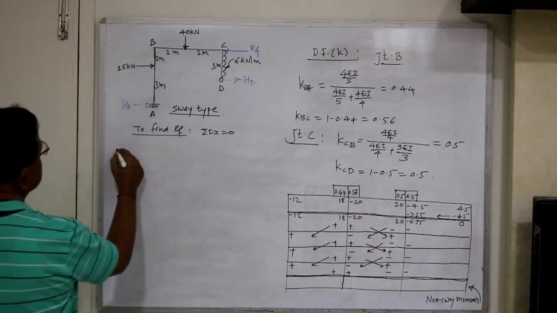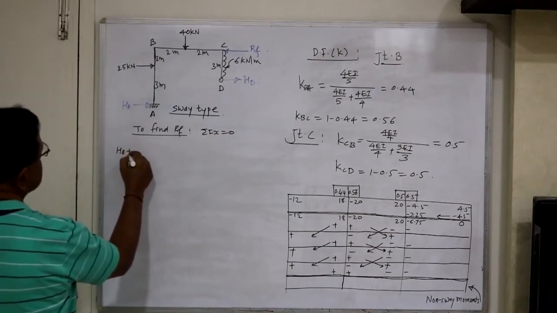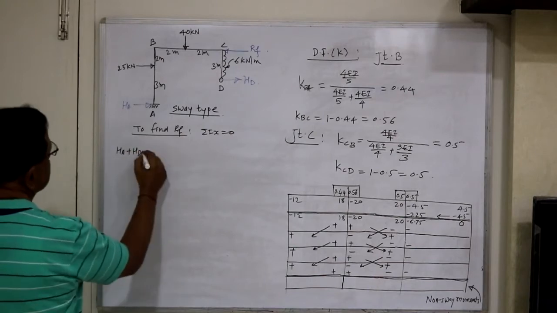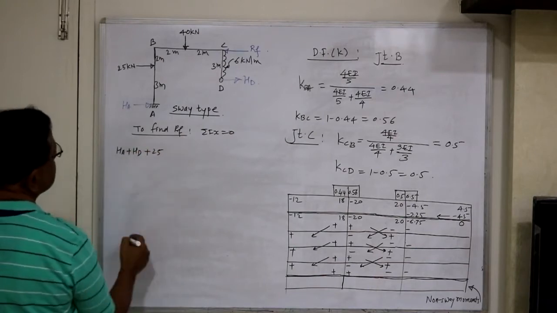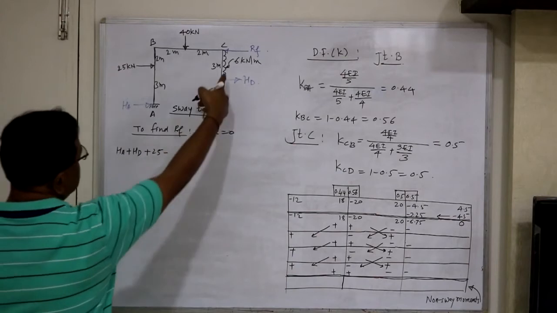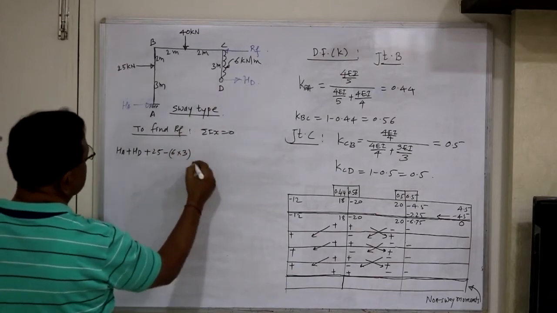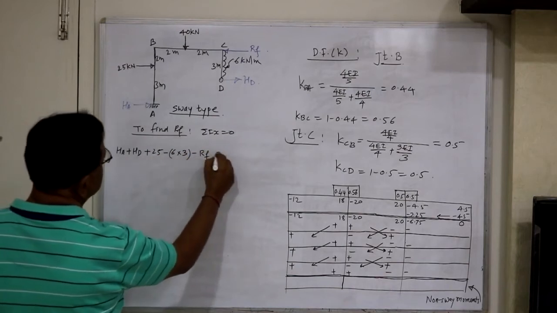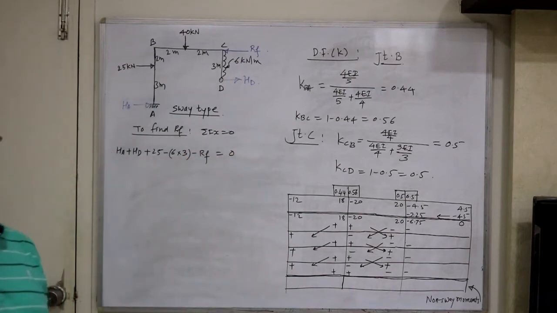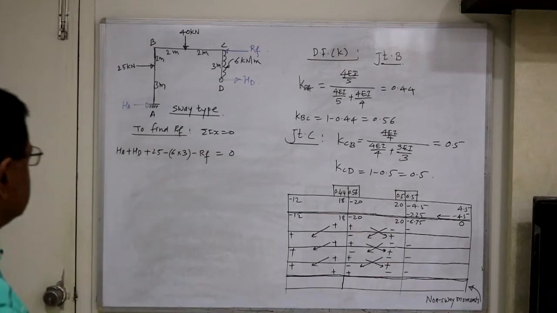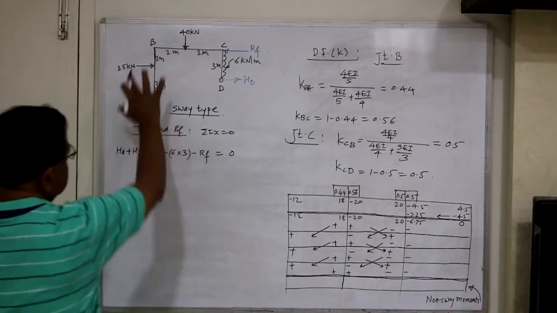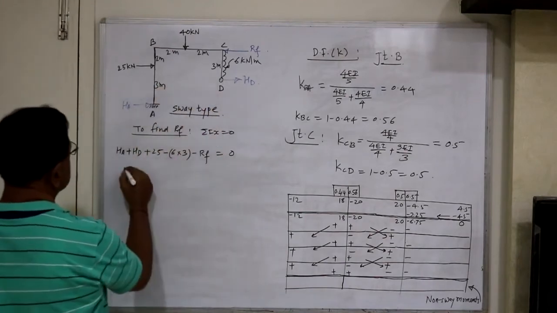Here see HA plus HD plus 25 minus this 6 into 3 and minus RF equal to 0. So simply summation of x equal to 0. Sum of all horizontal forces acting on frame must be equal to 0.